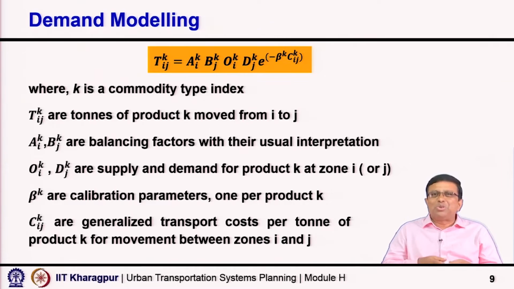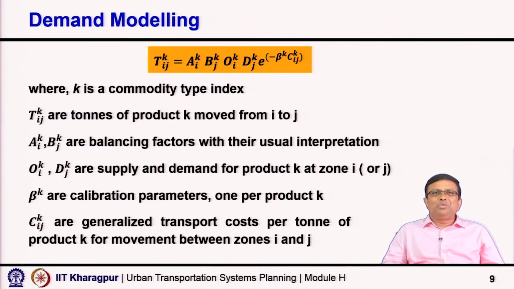We say that for goods, there are so many different goods, so the distribution cannot be the same, and the deterrence also cannot work in the same manner for all types of goods. So, K is a particular commodity type index.